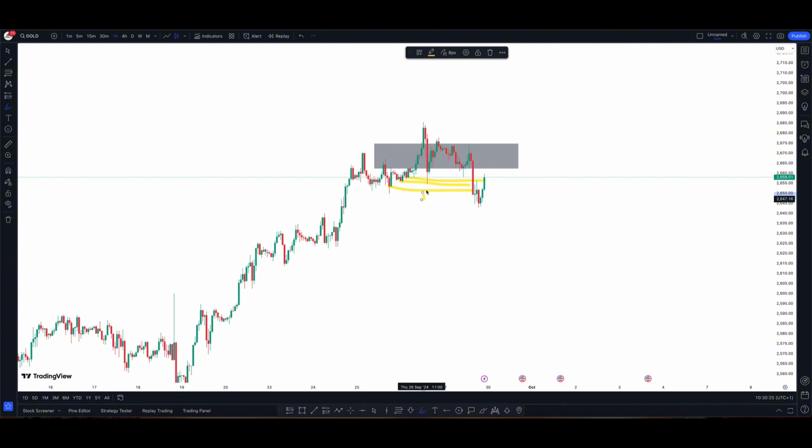This will be your S, which is support, and somewhere here will be your R, resistance. So this market already broke all these support levels. Now it's coming back to this resistance and it will drop. So this level, this resistance zone now, will be my entry point for sell.